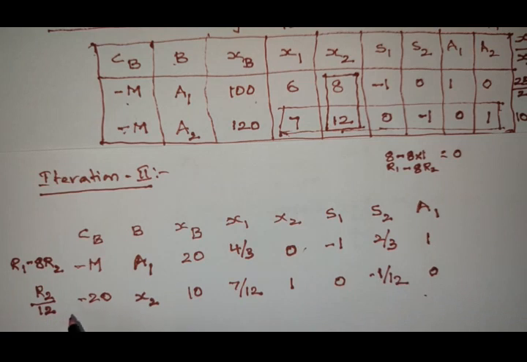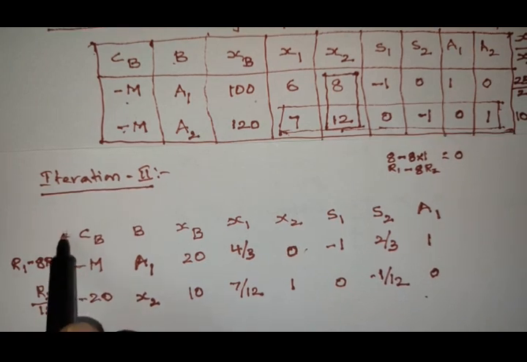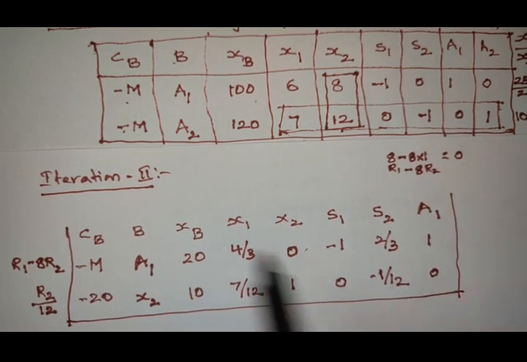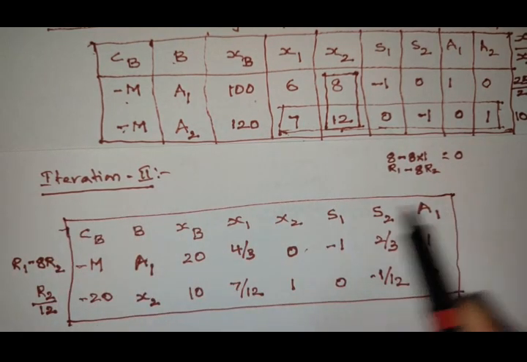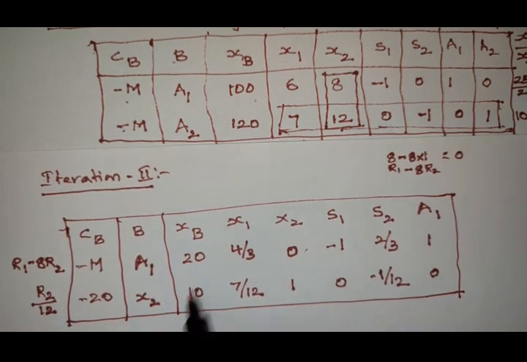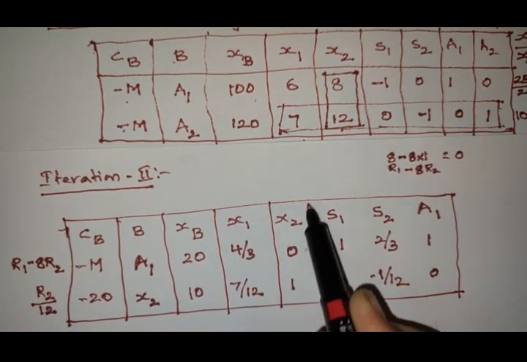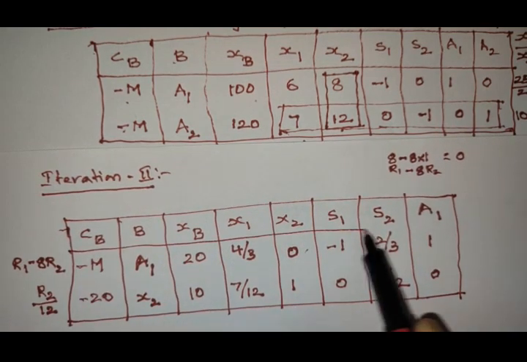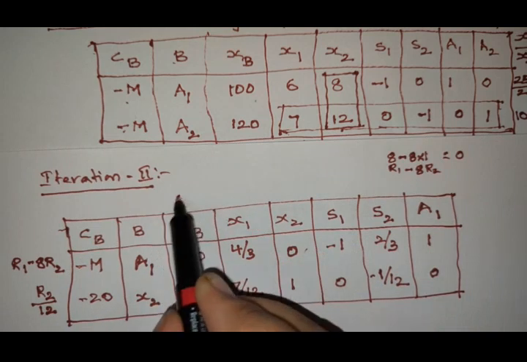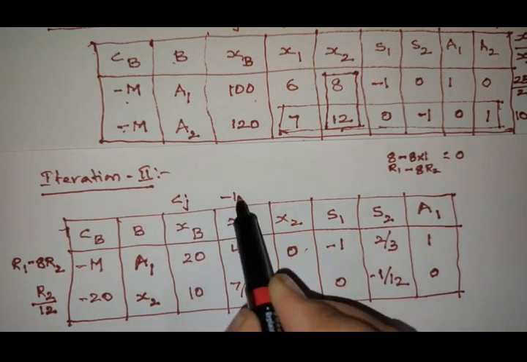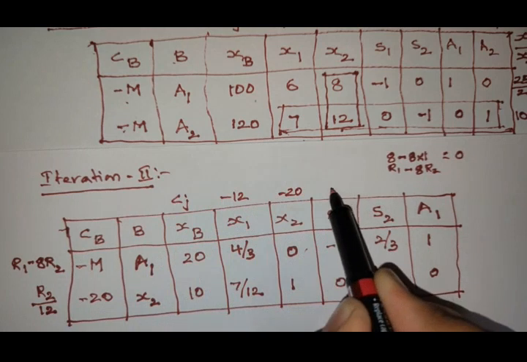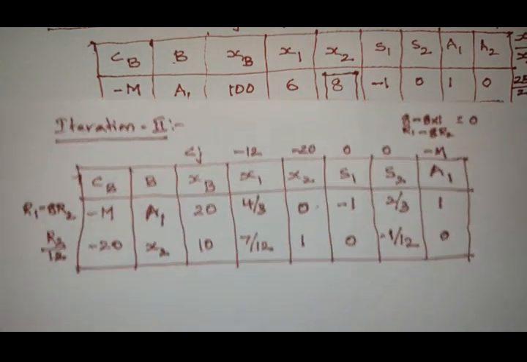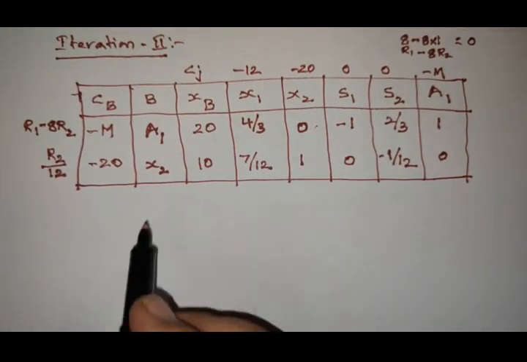So now form this one as a table. And write all Cj values. Cj values are minus 12, minus 20, 0, 0, minus m. Then calculate Zj.